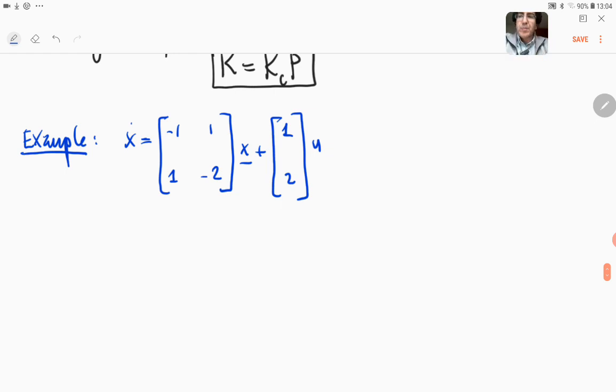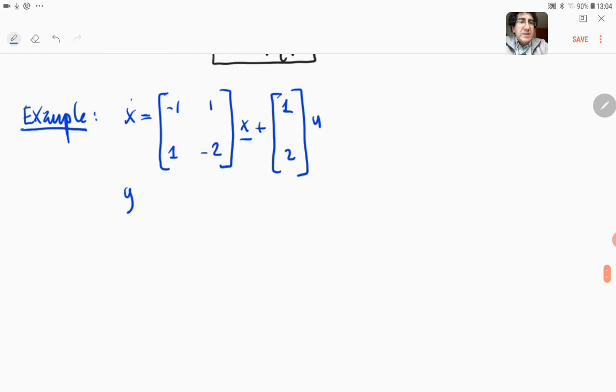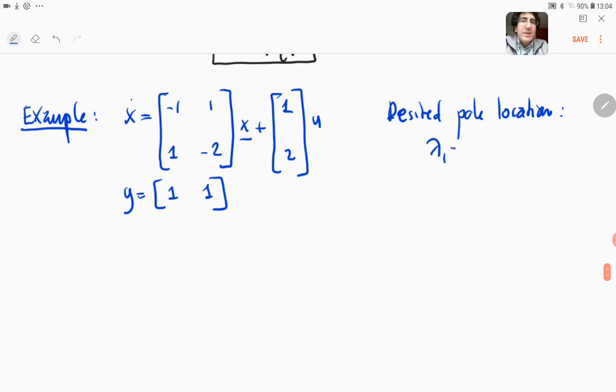But in our procedure, in fact, this corresponds to the original state phi. Okay, so let's see how we can apply our procedure to this system. Desired pole locations, let's say, are lambda 1 equal to plus 1 and lambda 2 equal to minus 3.